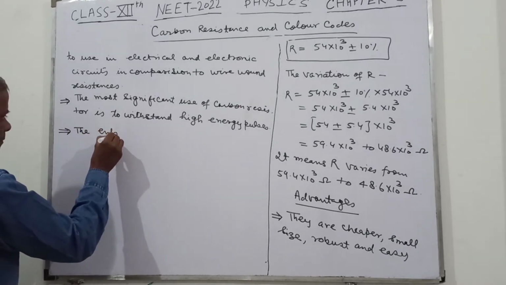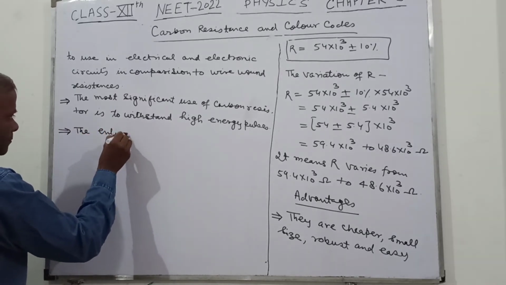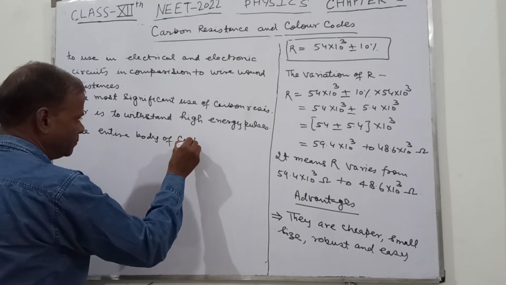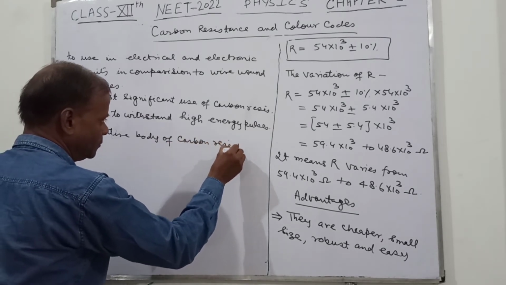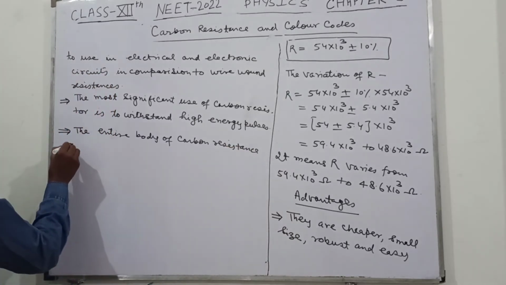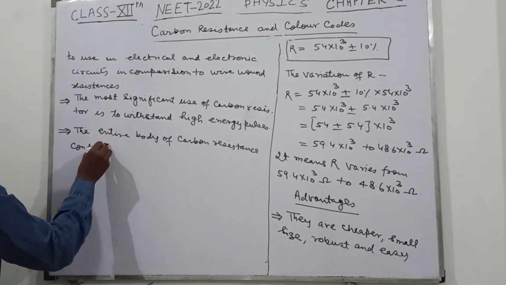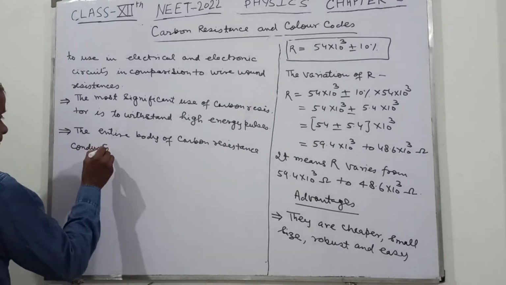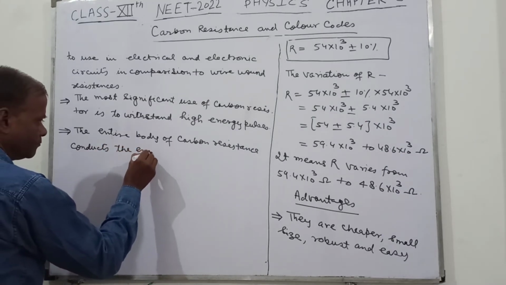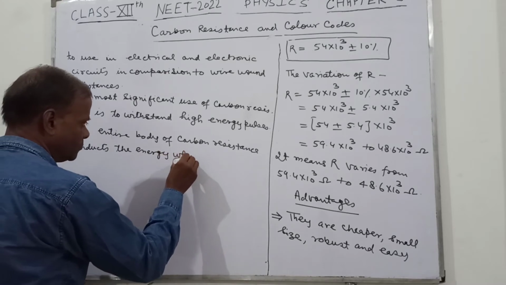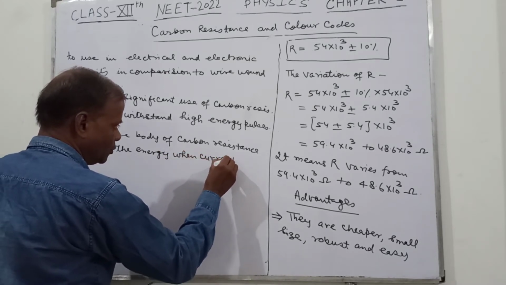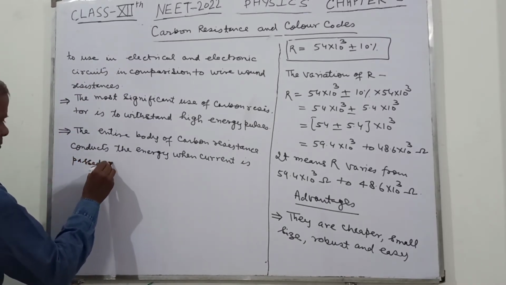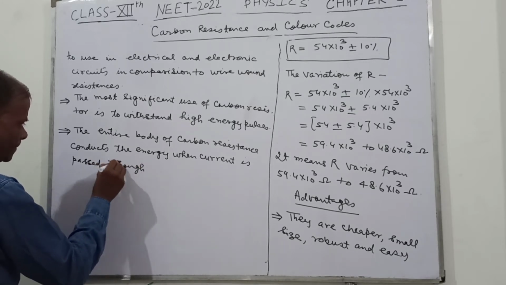The entire body of carbon resistance conducts the energy when current is passed through them.